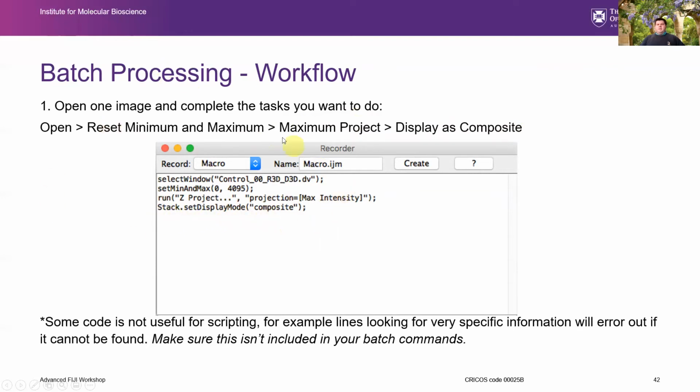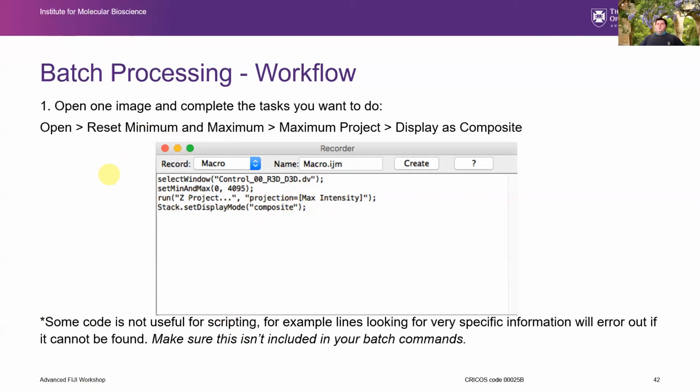Now, if you just read these commands, you'd probably be able to figure out what they're doing, because the macro language in FIJI is very self-explanatory, and it's a very basic coding language. But sometimes we have to think about the code that generates in this recorder window, because some of it might not be useful. If we're going to perform this on multiple images, we want to look for code that's really specific, and that might cause an error.